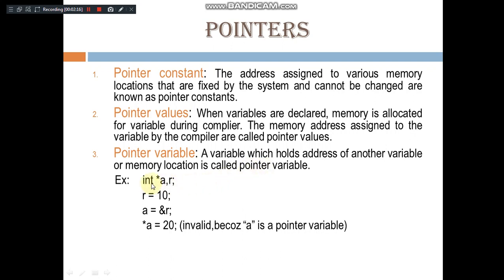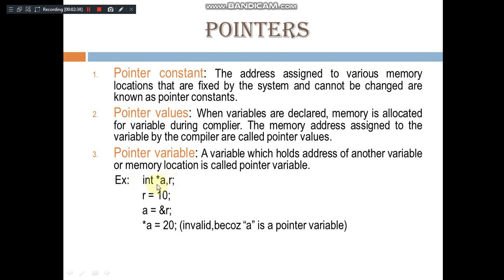So for example, a pointer variable can be declared by putting a star before the variable name. So here, int *a, r. *a is a pointer variable of type integer, whereas r is a normal variable.